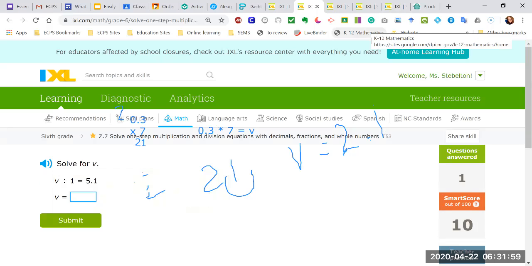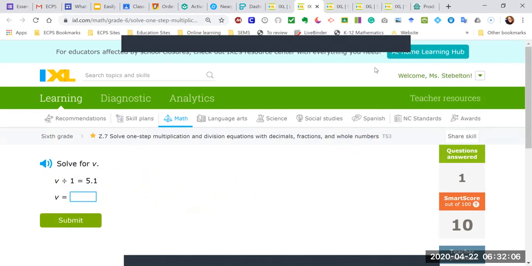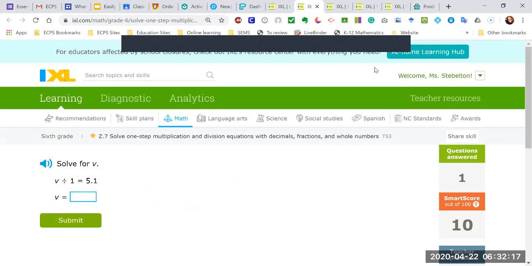Now, this next question, we actually do have to do some moving around to solve it. So it has V divided by 1 equals 5.1. Now, as you learned in class, division can also be expressed as a fraction.